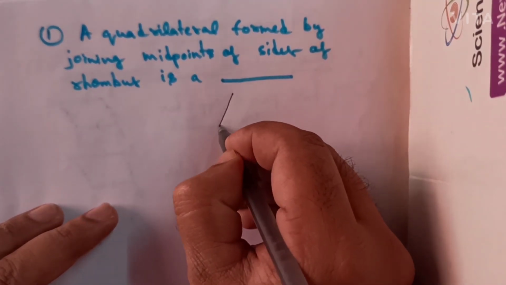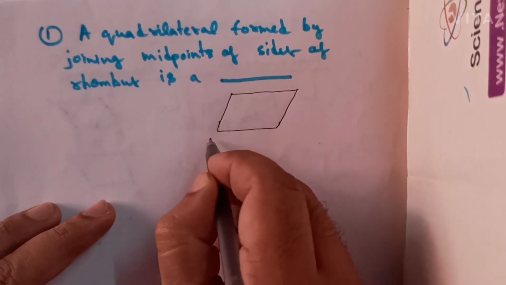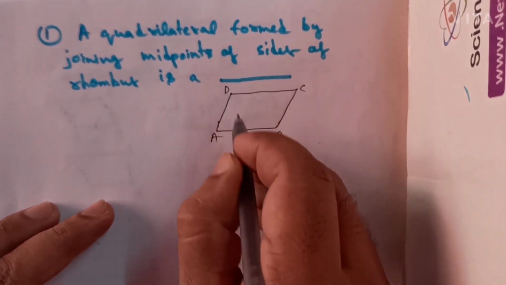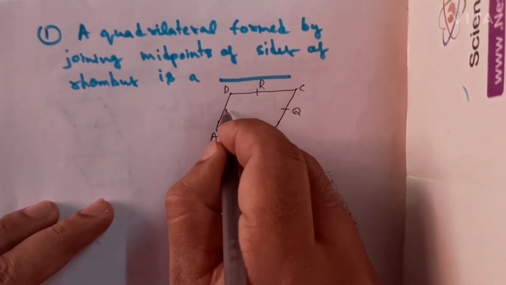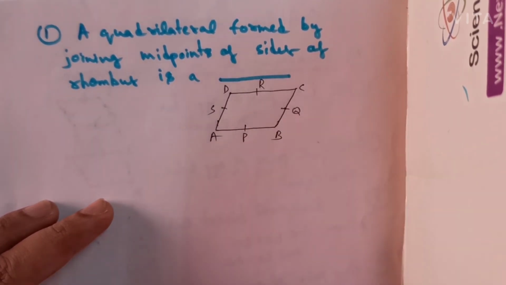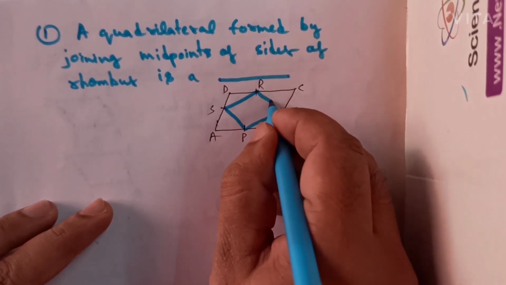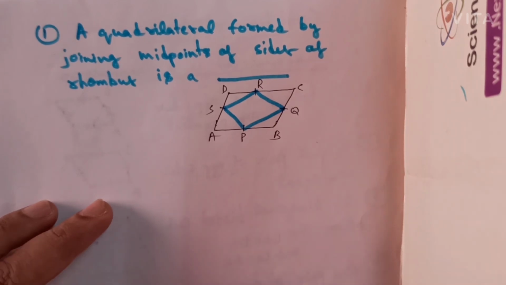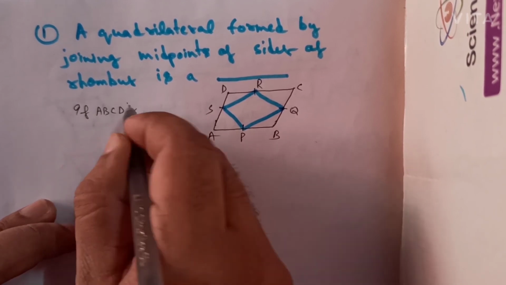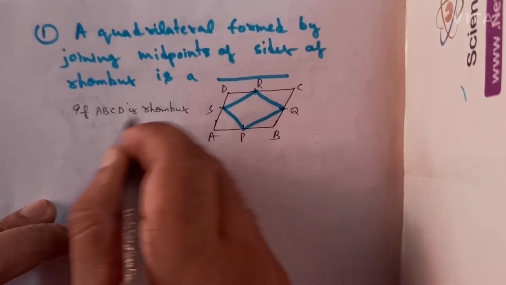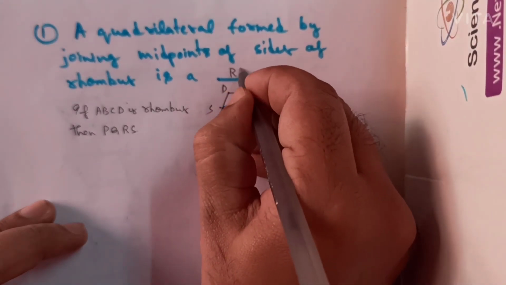Like this is a rhombus, ABCD is a rhombus, and if we join the midpoints, that is, midpoint of AB is P, BC is Q, CD is R, and AD is S. So if we join PQRS, then if ABCD is a rhombus, PQRS will be what? It will be a rectangle.